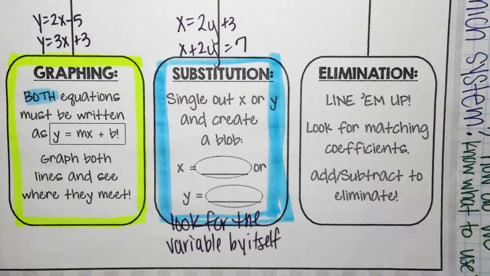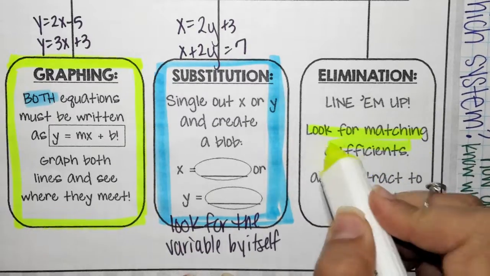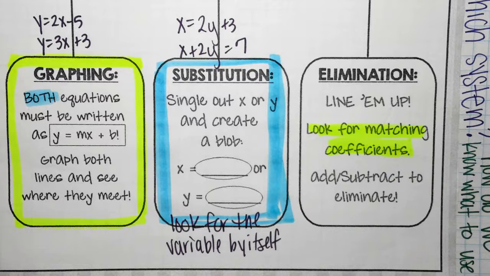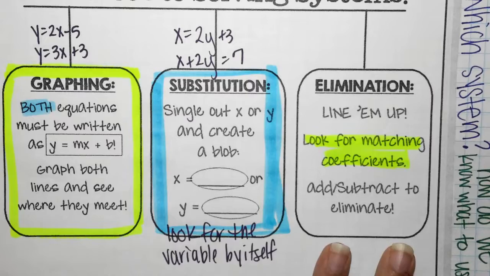We look for matching coefficients. What is a coefficient? Tell me, Bronson. That's a constant. A coefficient is the number with a variable. Take a point. So coefficient is the number in front of a variable.